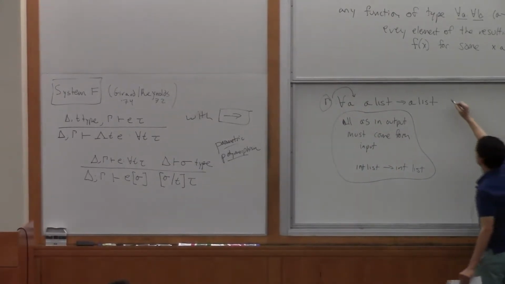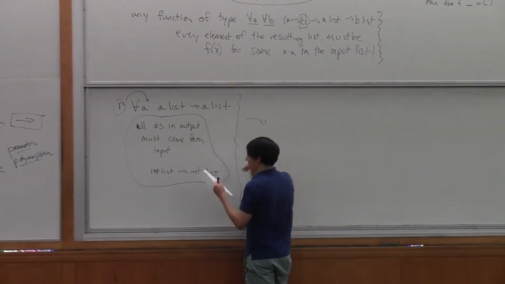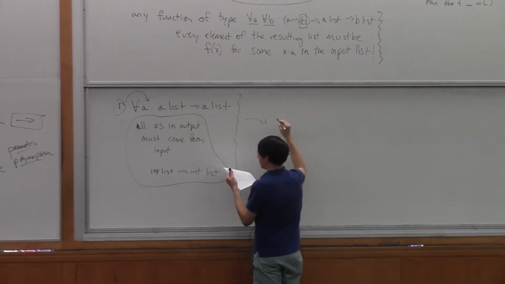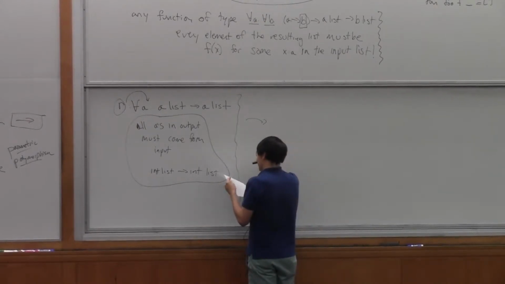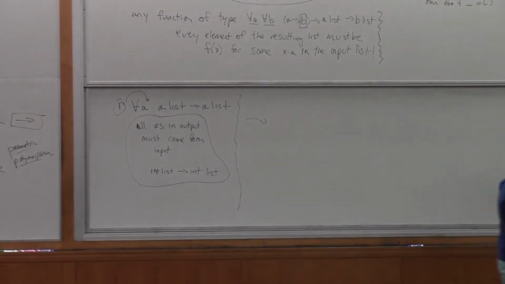Okay, so this was a way to get to the next thing, which is, now suppose I have some R like that, and map defined not just of map's type, but actually defined as map.